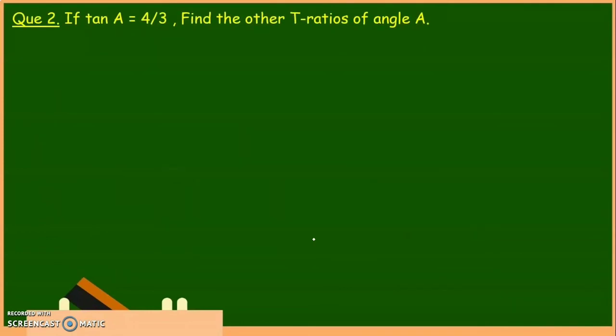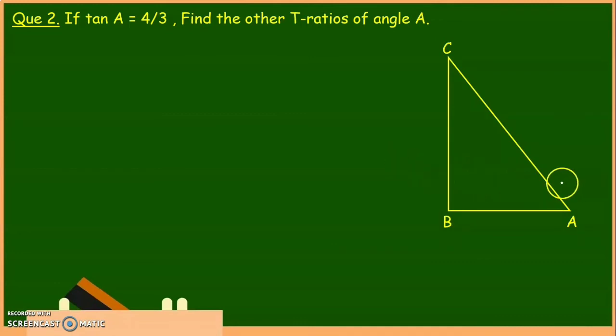If tan A is equal to 4 by 3, that is given to us, then find the other trigonometric ratios of angle A. First of all, let's consider the right angle triangle ABC, and here tan A is given as 4 by 3. The formula for tan A is opposite side divided by adjacent side, given as 4 upon 3.